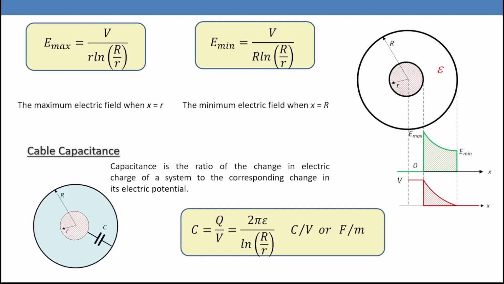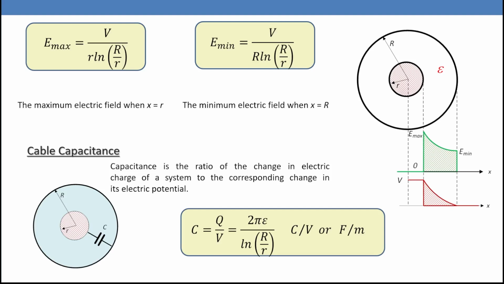If we calculate that roughly, the voltage is 1000 volts, r equals 20 millimeter, natural log 2, so this gives you around 70,000 volt per meter. E minimum equals V when x equals capital R, so V over R natural log R over r as well, and that one is in the range of 36,000 volt per meter.